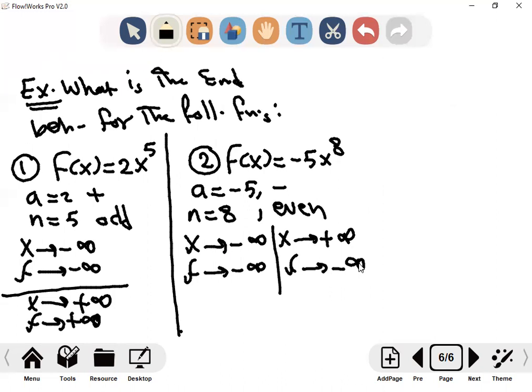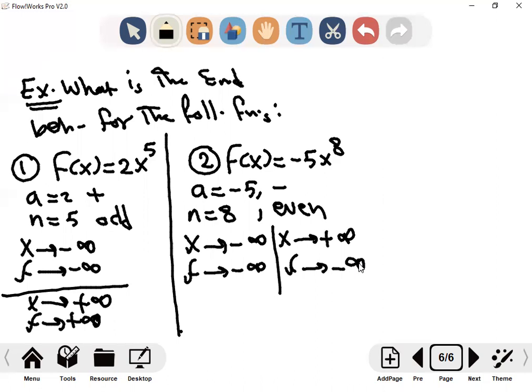For all the cases, guys, what is the domain? Remember the domain? In the polynomials or the power functions, the domain is all real numbers. If you see your book on the first page, 213, open the first case.